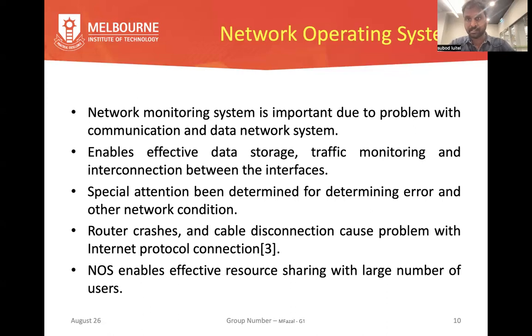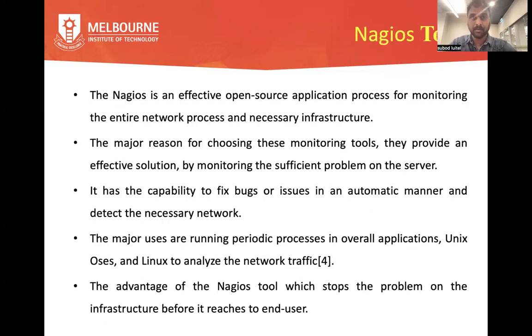Hello everyone. Now I'm going to explain the Nagios tool. It is an open source tool which is used for monitoring of networks. The major reason for choosing this monitoring tool is that it provides efficient solutions, and by monitoring problems on the servers, it has the capability to fix bugs and issues in an automatic manner and detect network problems.